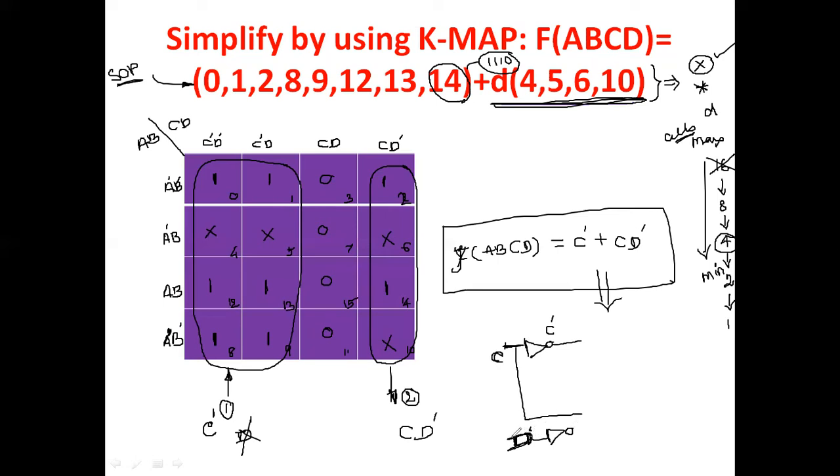Here C goes to C bar, D goes to D bar. So C bar, and then C and D bar. Here it is C, it is D bar. So here C, D bar, both are logically added.